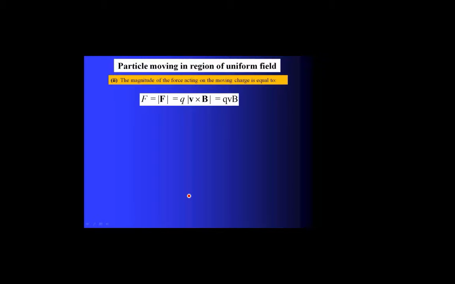Let's just take the magnitude because we know that V and B are perpendicular to each other. Then this simplifies into Q times V times B, because if you consider the sine of theta between the two, that would equal 1, and so you have then QVB.